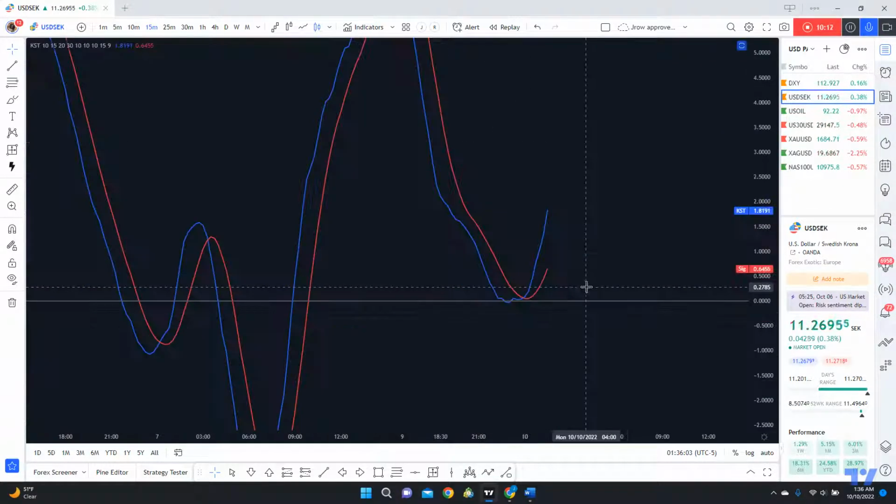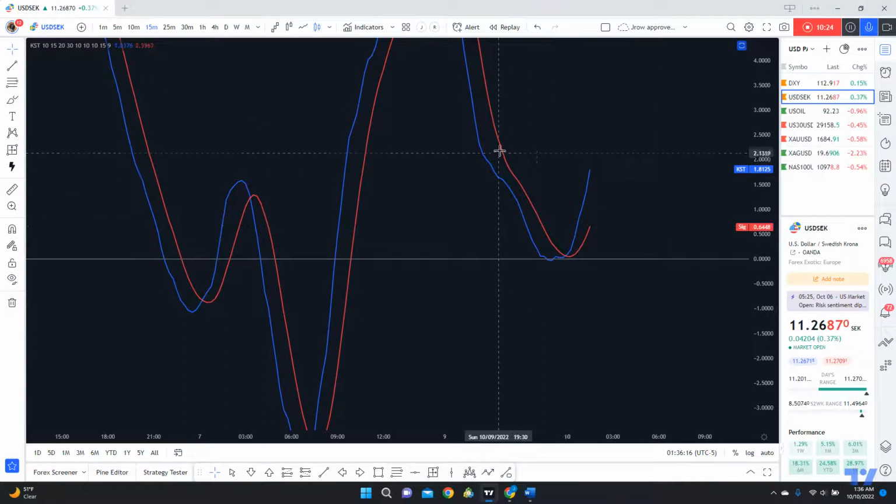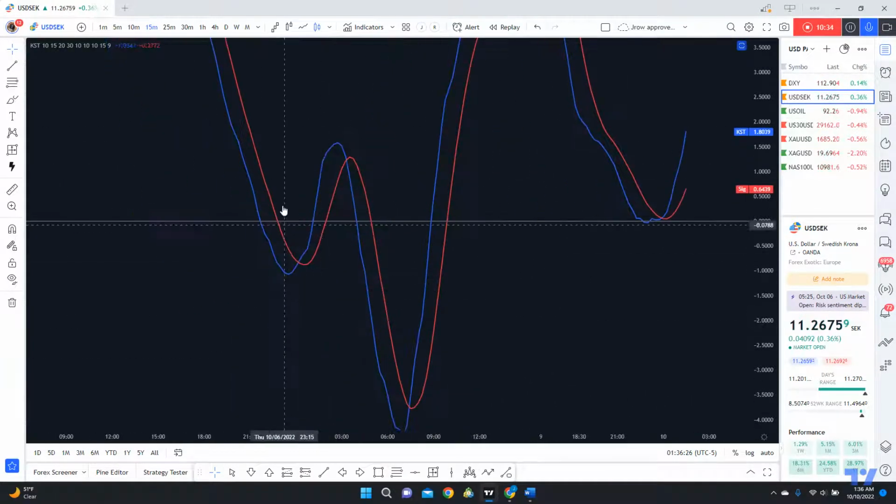I will not take any shorts below this line. I will not take any shorts above this baseline. I will not take any longs below this baseline. I will not take any buys when the red is above the blue. And I will not take any sells when the blue is above the red.